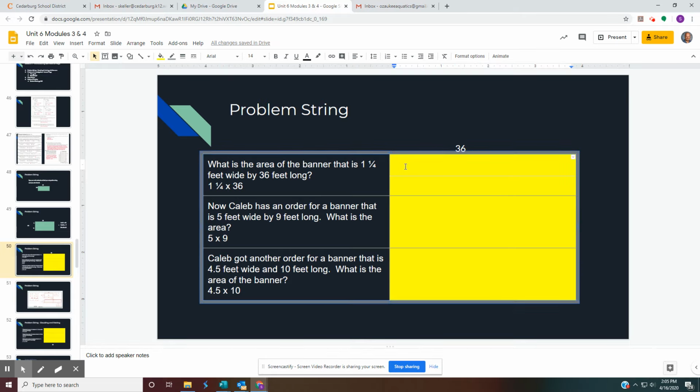With our length being 1 and then 1/4 is how we're dividing up our numbers, right? I'm multiplying this array here. I'm actually multiplying 1 times 36, and this array, I'm multiplying 1/4 times 36, correct? And to find what my total would be when I finish, I would first multiply 1 times 36. That would give me 36 square feet, correct?